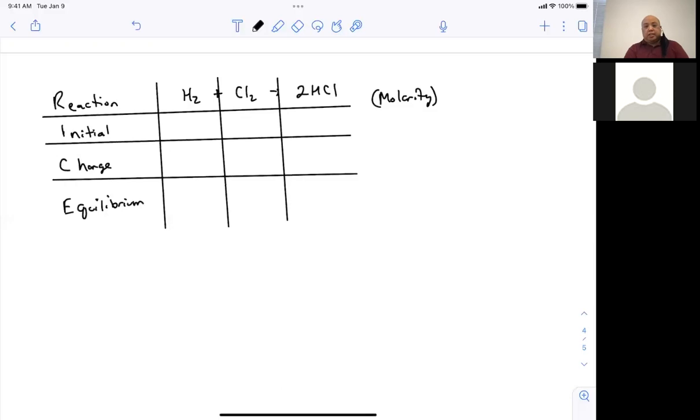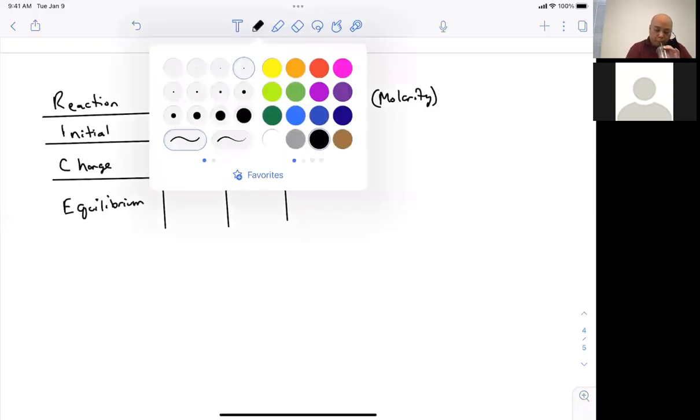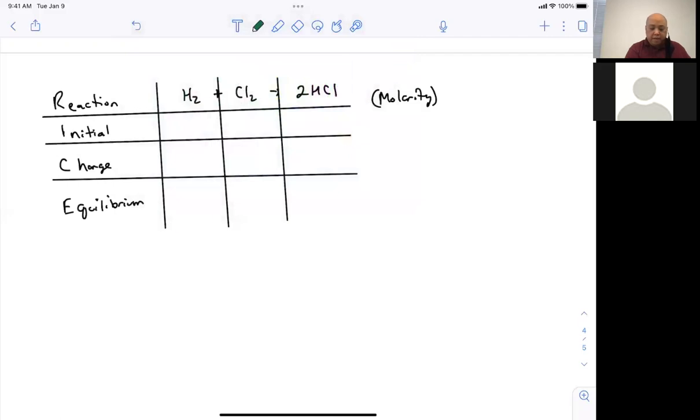And each problem may have different information that allows you to solve for different things in the scenario. So there's the simple scenario to the hardest scenario. Okay, the simplest scenario is when you have all the equilibrium values.